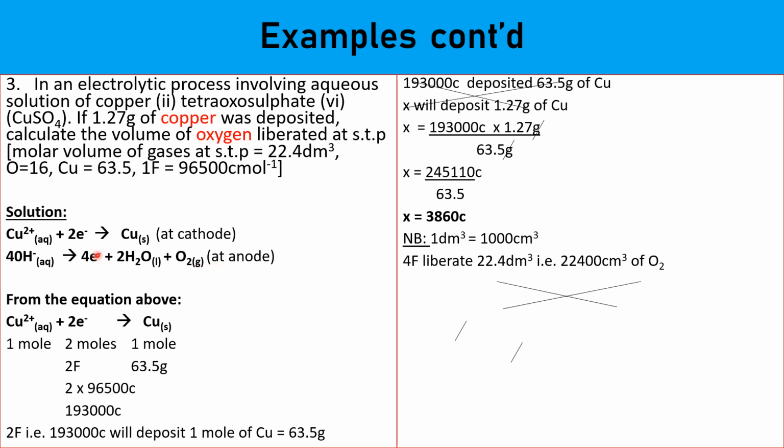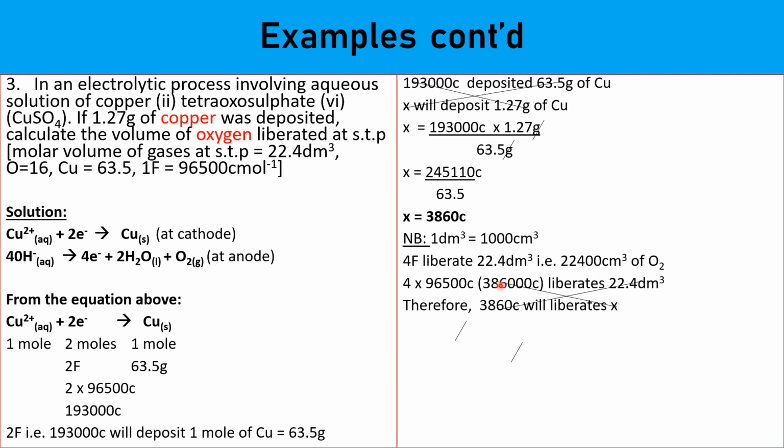So 4 Faraday, which is equivalent to 4 moles of electron, will liberate 1 volume of oxygen gas, which is 22.4 dm³. And don't forget, if you convert dm³ to cm³, it will be 22.4 times 1000, and that will give you 22,400 cm³. So in other words, what we are saying is that 4 moles of electron, which is equal to 4 Faraday, liberated 1 volume of oxygen gas, which is 22.4 dm³.